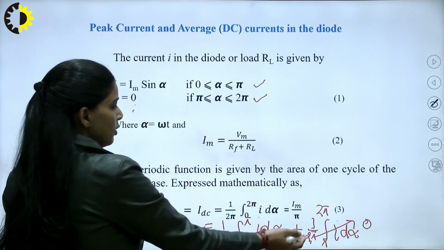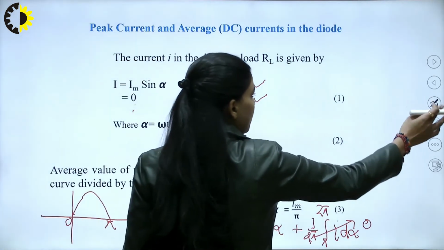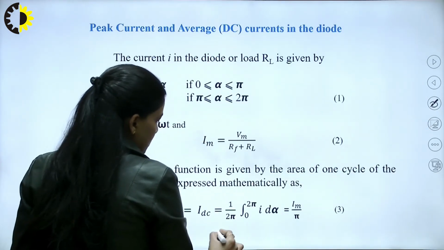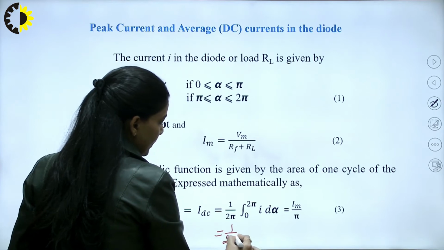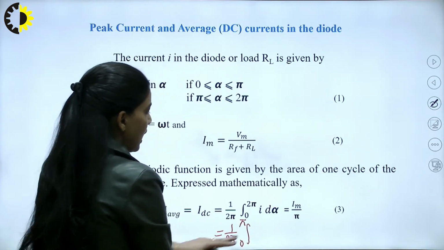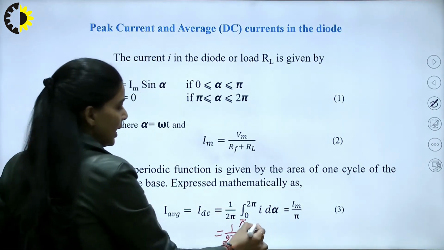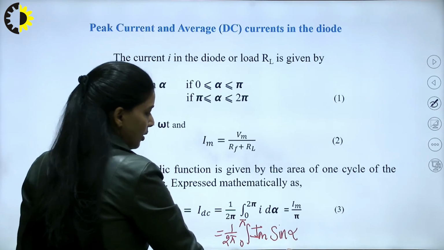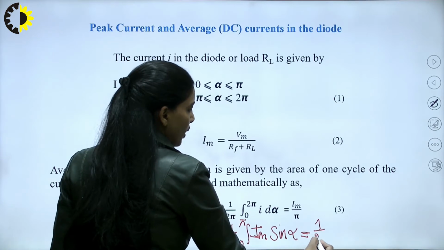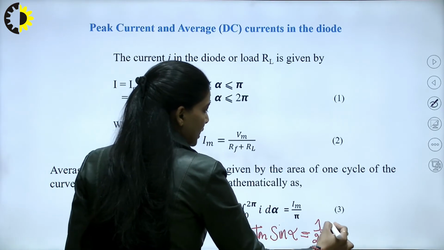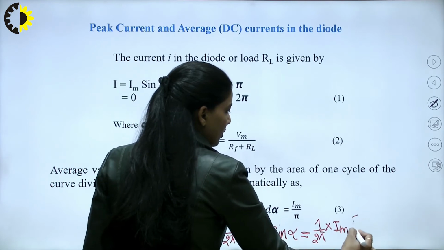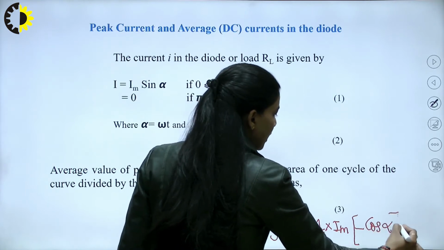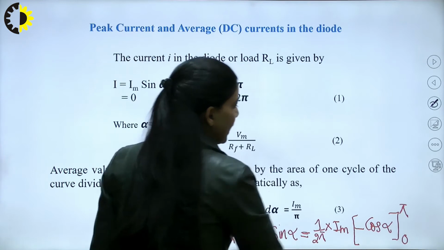When we integrate this, we get the expression Im upon pi. It will give 1 upon 2 pi, 0 to pi, and I am replacing I with Im sin alpha. When we integrate it we get 1 upon 2 pi multiplied by Im, and sin alpha will give us minus cos alpha with the limits 0 to pi.